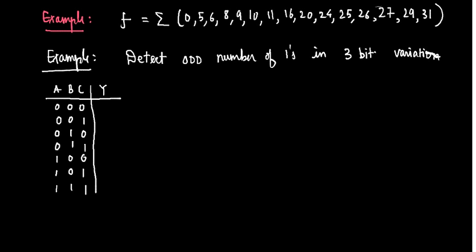Odd number of ones, tell me: 1 1 0 1 0 1. Alright, make a truth table. Solve it using K-map and realize the circuit. Can you do that quickly? Form a K-map out of this. You will get a K-map like this.